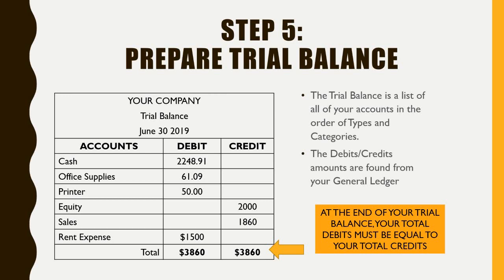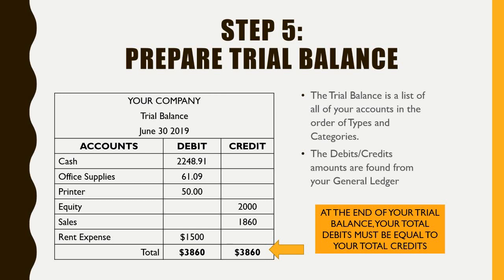Now, all of these numbers here, the main key factor is once you complete your general ledger, they all have account balances, correct? What you're going to do after you've completed that is this is where the trial balance is going to take all those figures that you've computed in the general ledger and transfer the information here.